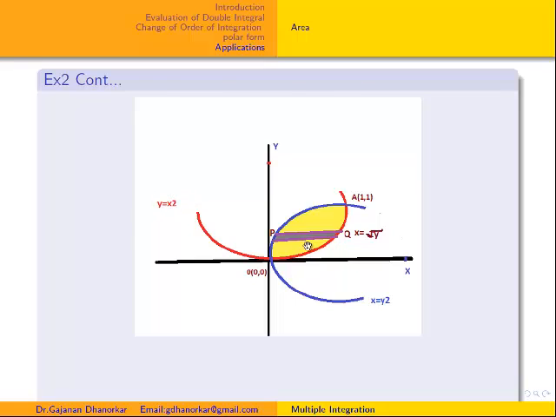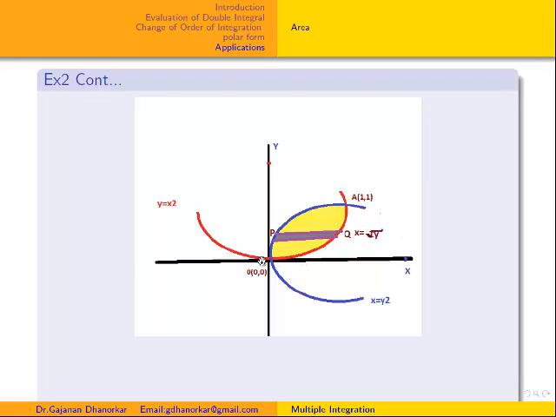But when we take a strip parallel to x axis, we have to write the limit in terms of x. Therefore x limits are x equal to y square to, from y equal to x square, x equal to root y.